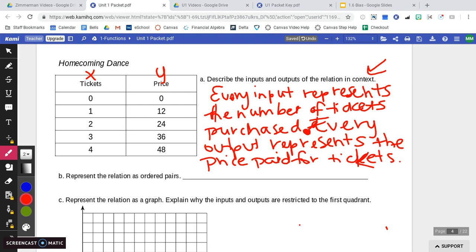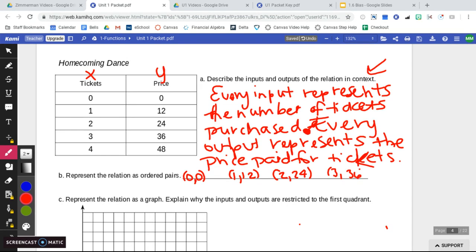Now we're being asked to take this relation as a table and represent it as ordered pairs. So remember, that just means write the x and y, keeping each x paired with the y across from it as you saw it in the table.